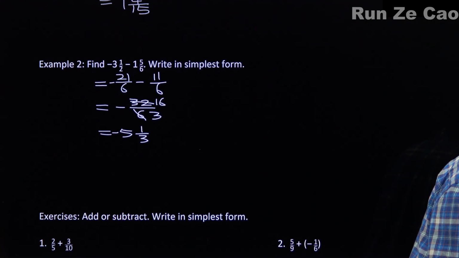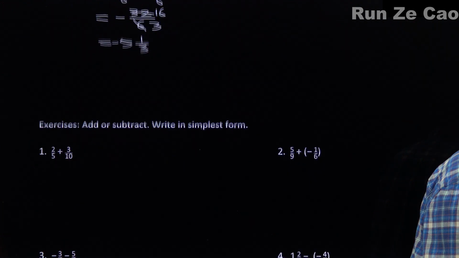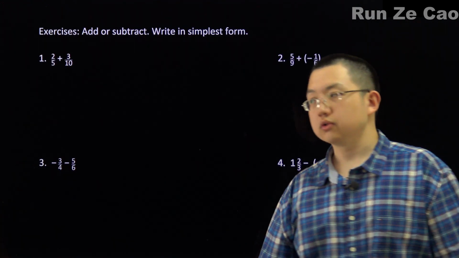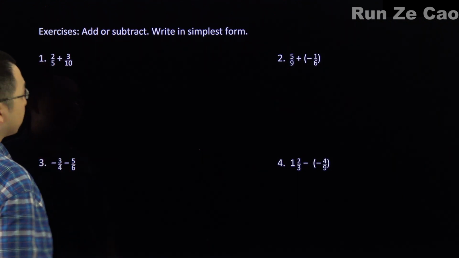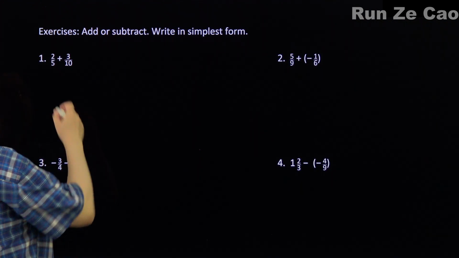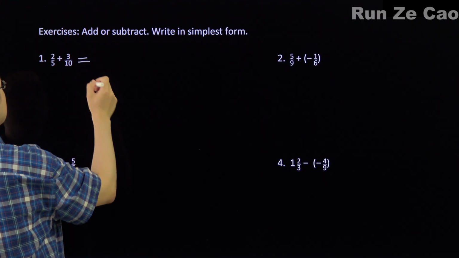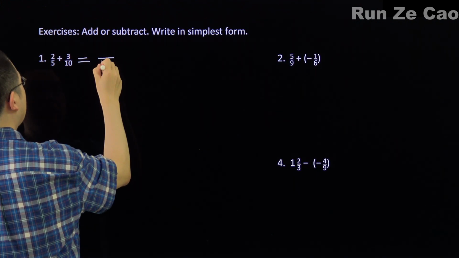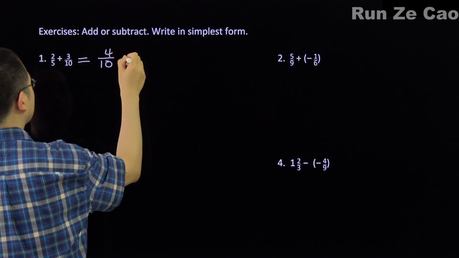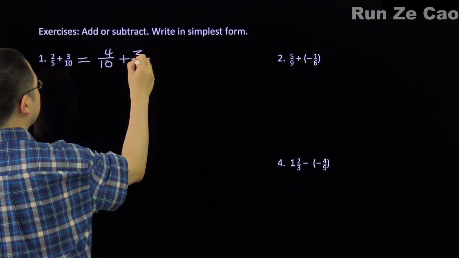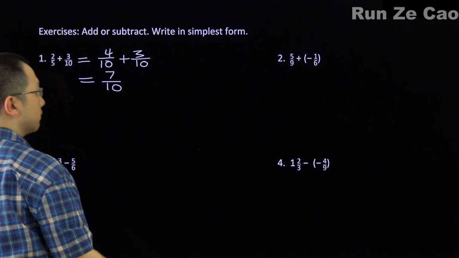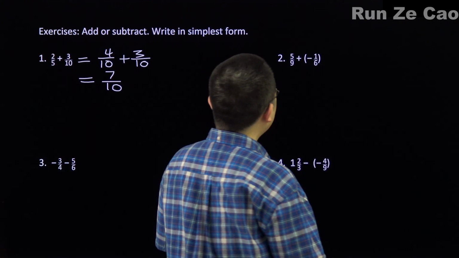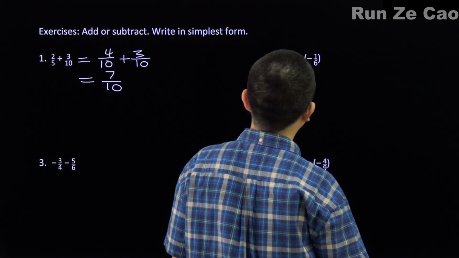All right, let's say we want to add or subtract here with a few exercises. 2/5 plus 3 over 10. Well, 5 is a factor of 10, so we can just convert it into over 10. 4 over 10 plus 3 over 10 is equal to 7 over 10. 5 over 9 and -1/6.